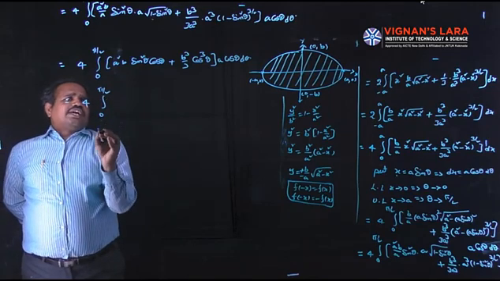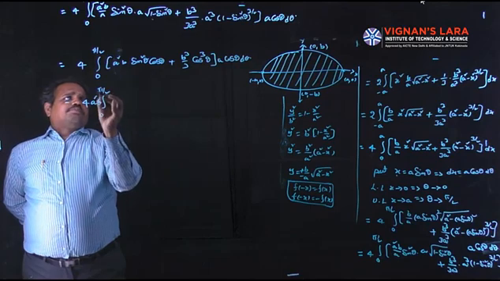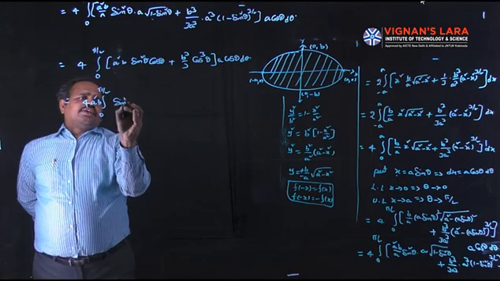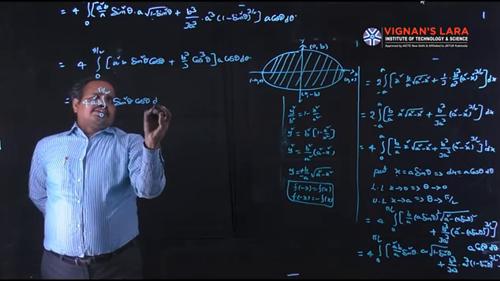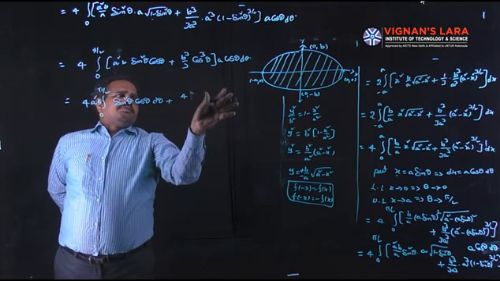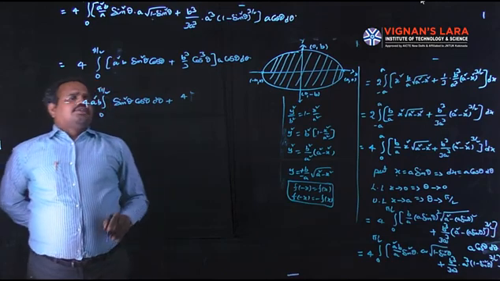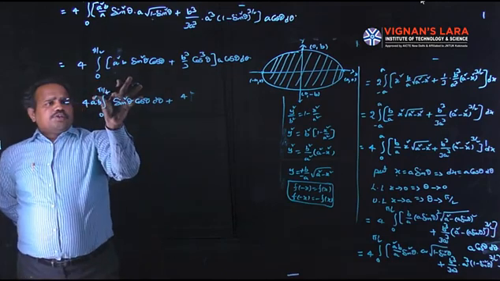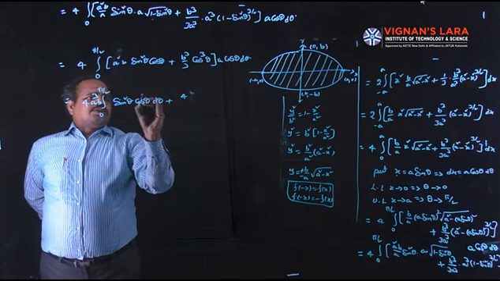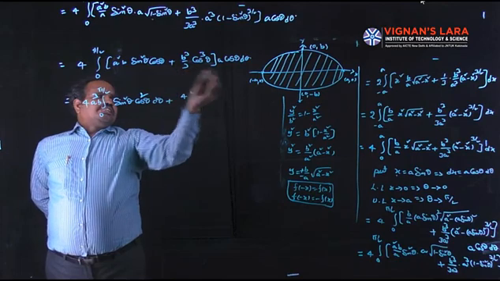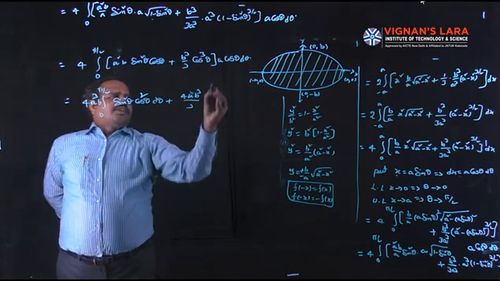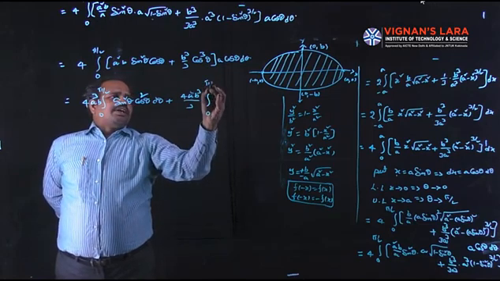Here I am splitting this one as two parts: 4a square b into sin square theta cos theta, and here this one is 4a cube b sin square theta cos theta into cos square, plus 4ab cube by 3 into cos square into cos, integral 0 to pi by 2.